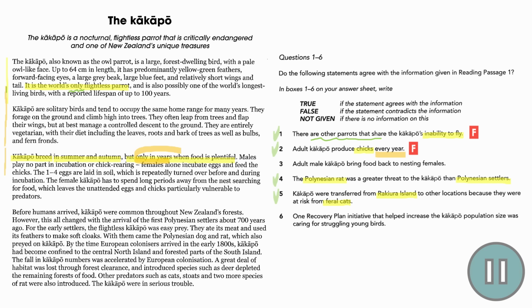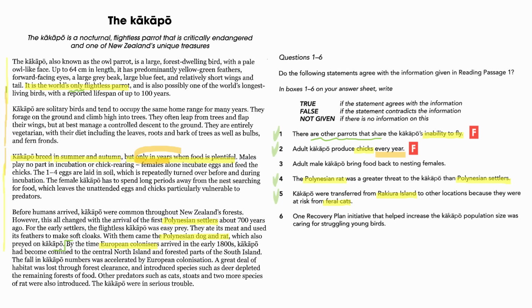Let's go to question number 4. Pause the video now. Again, we continue reading the passage and we keep on reading, and then somewhere here we read about Polynesian settlers and then about the Polynesian rat. And if we continue reading, we find European colonizers. So the topic changes, which means that our answer should be in the first half of this passage.